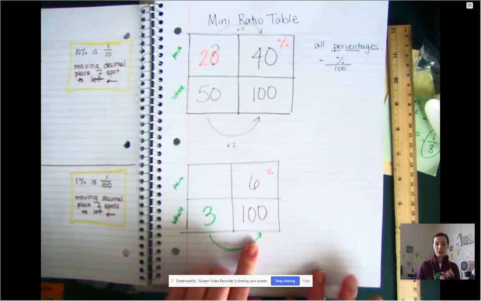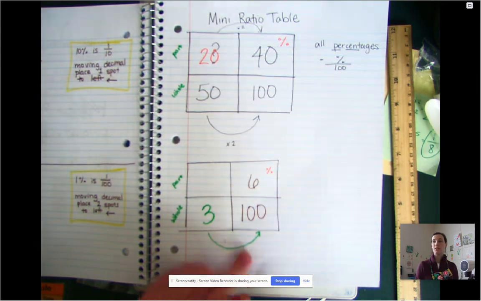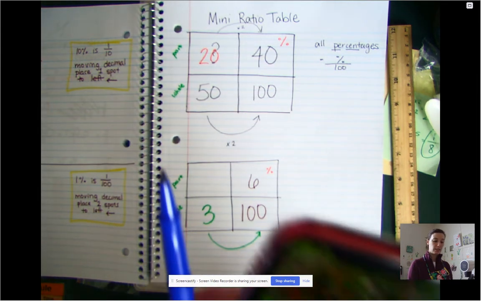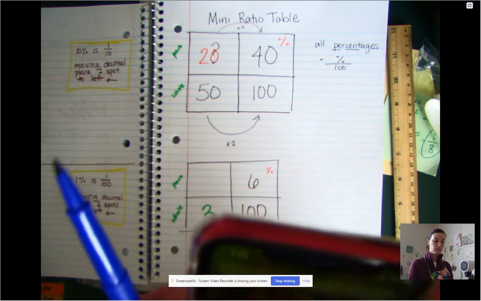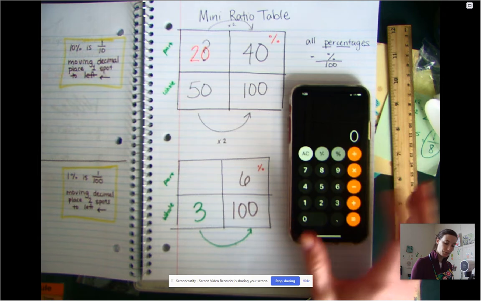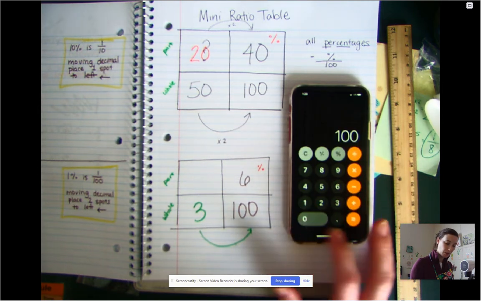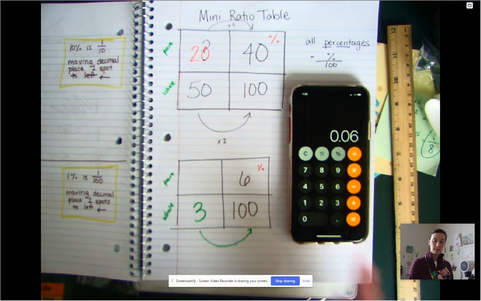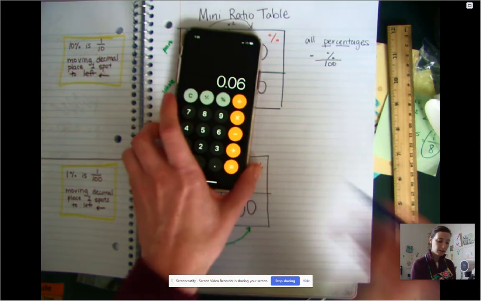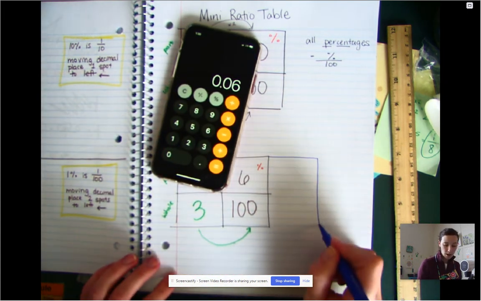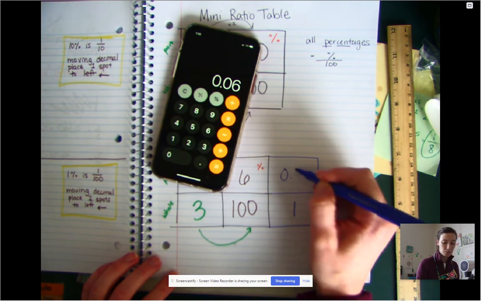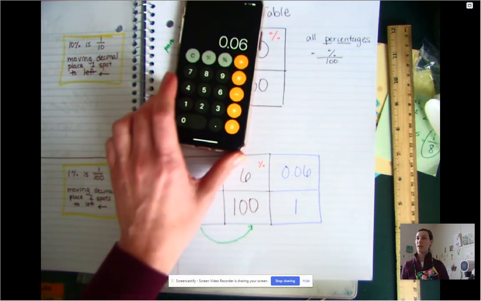So as we come over here, one way we can figure out how to do this is we can say, all right, here's my calculator. Okay, so 6 divided by 100 is 0.06, no surprise there. So that means that if this were out of 1, it would be 0.06 out of 1.